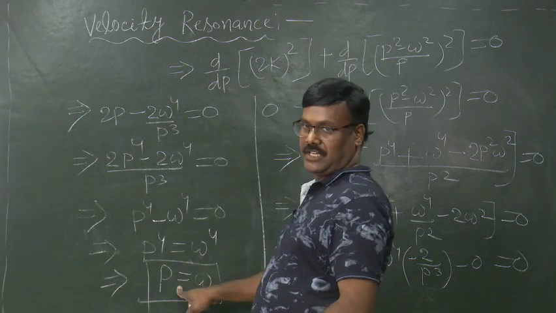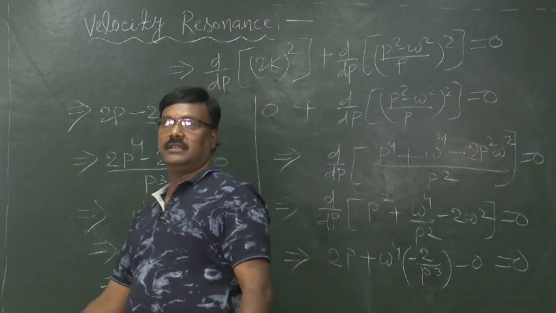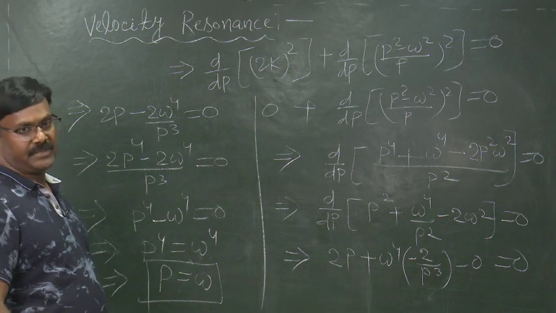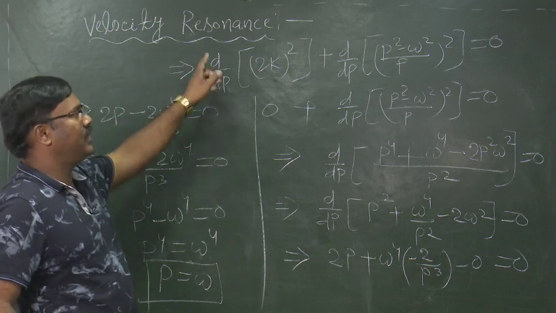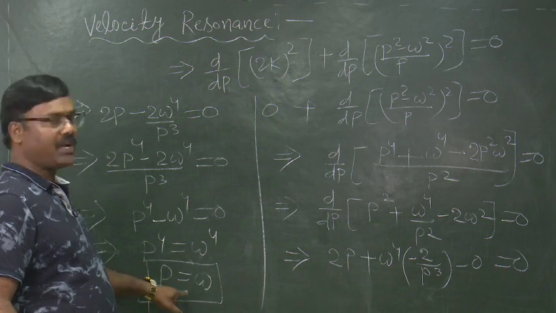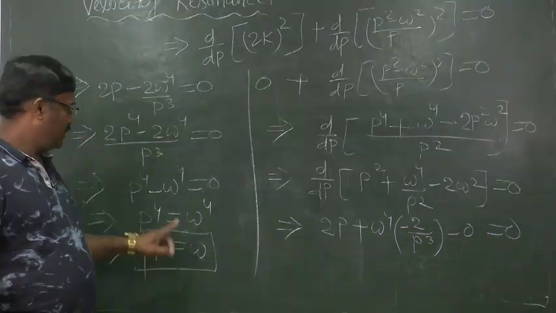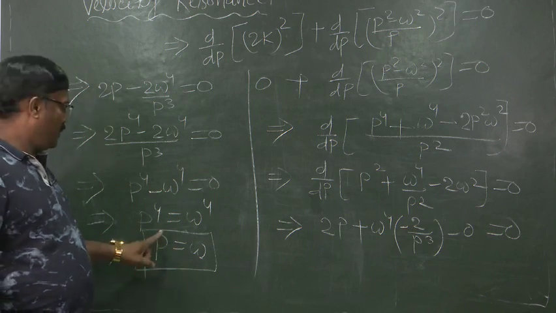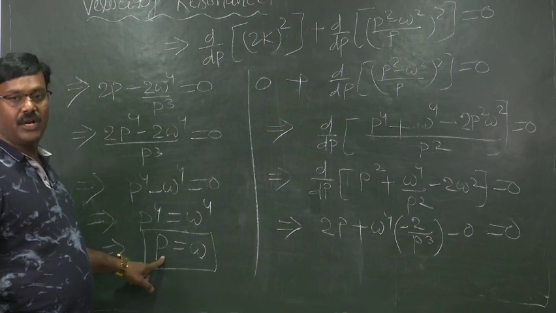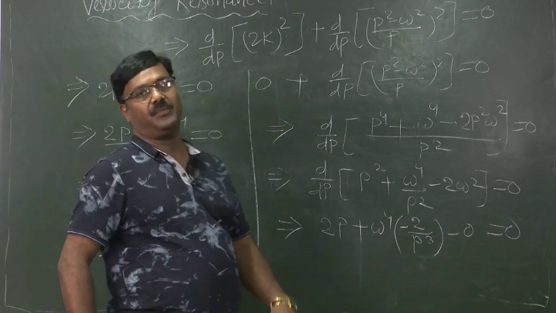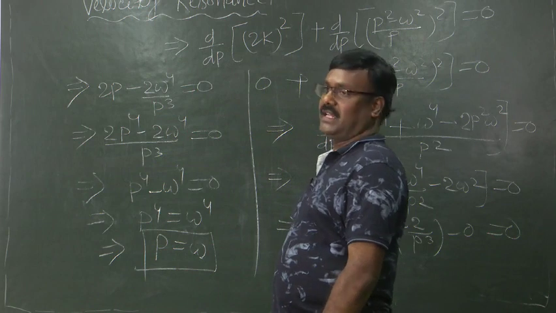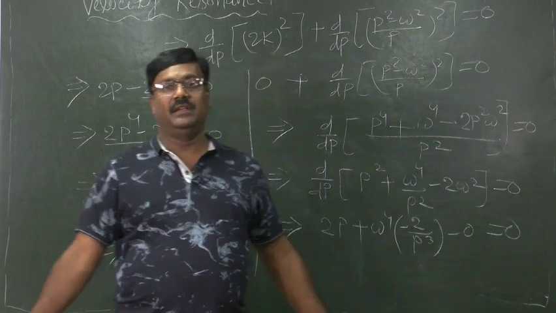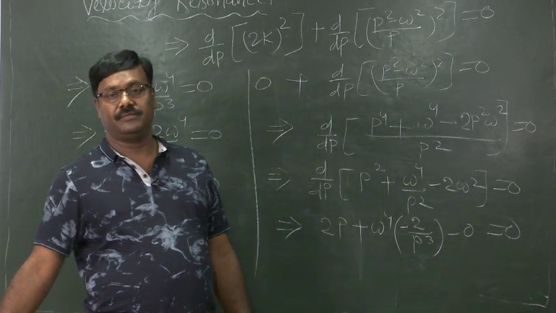This is the condition at which the velocity becomes maximum, that means velocity resonance occurs. From this we can conclude that velocity resonance occurs only when the angular frequency of the applied periodic force is exactly balanced by the angular frequency of the natural frequency of the body.